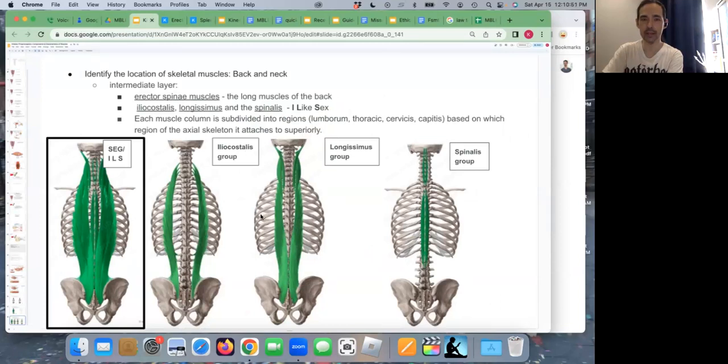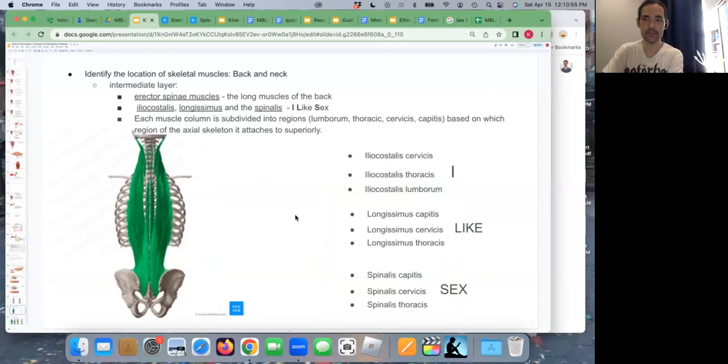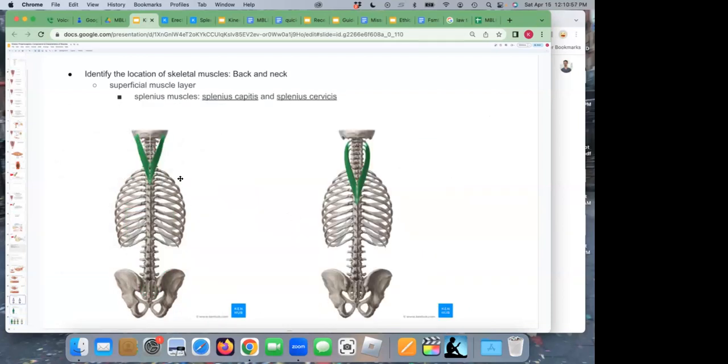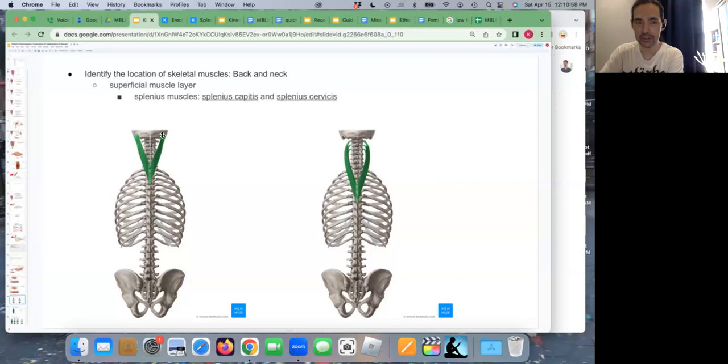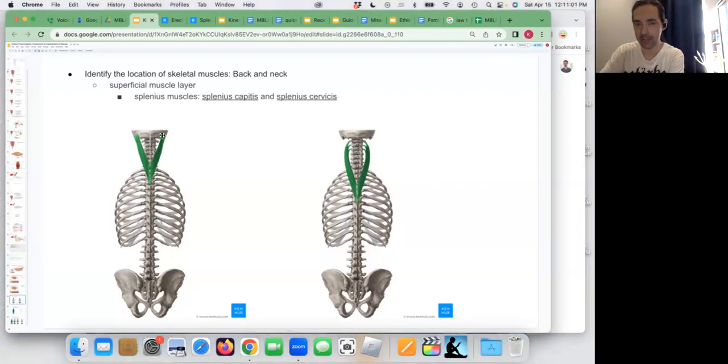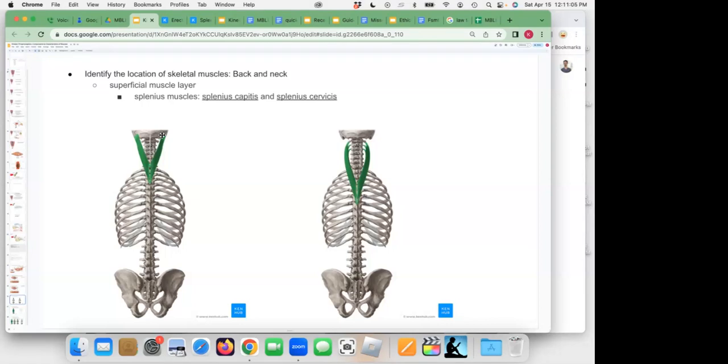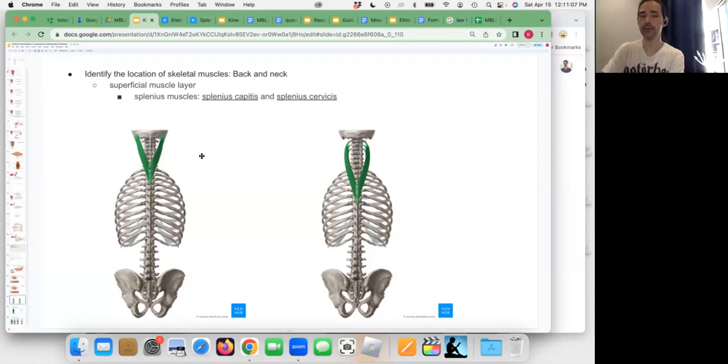Okay. And then Sandra. Yes, sir. Sandra, which one attaches to the head, the splenius capitis or the splenius cervicis? Splenius capitis. Correct. And if you're contracting both sides, the left and the right, bilateral contraction, what movement does the splenius capitis do? Neck extension, neck rotation, or neck side flexion?